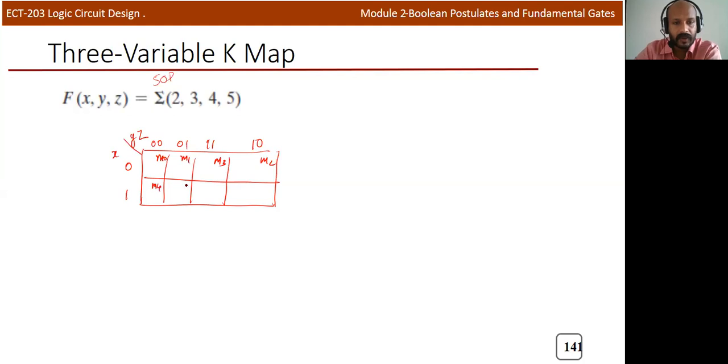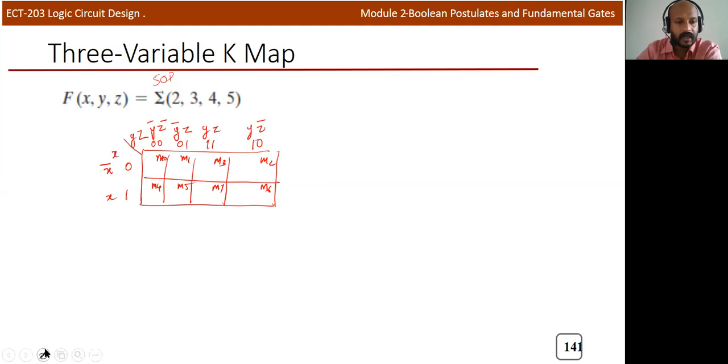Here it is m4, m5, m6, and m7. So you can remember this particular sequence. And in terms of variables, if you write x bar, x, and here it is y bar z bar, this is y bar z, this is y z, and this is y z bar.